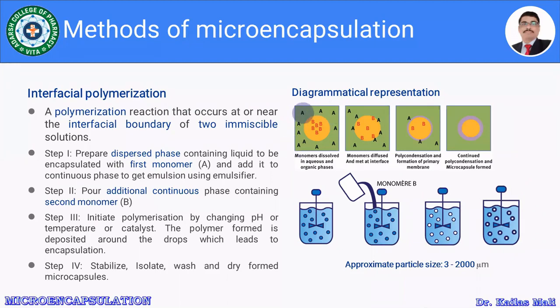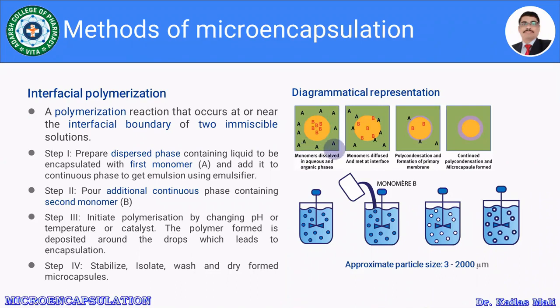For example, A is one monomer and B is another monomer. We prepare the emulsion with the core material. B is dissolved in the core solution, and A is dissolved in the continuous phase.